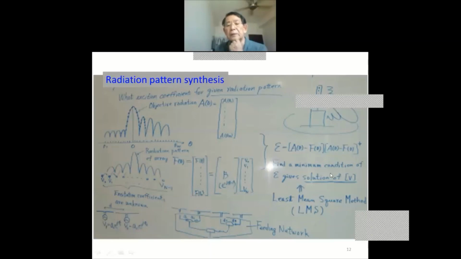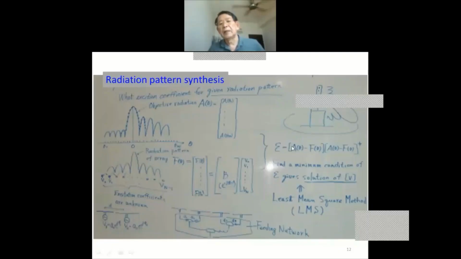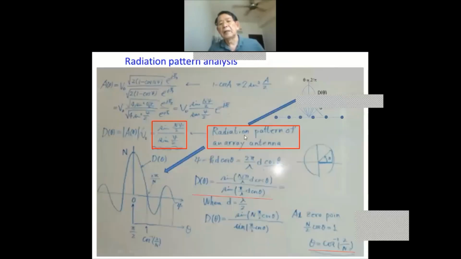By minimizing the error of A and F and solving this equation, we can obtain the excitation pattern determined by the solution. So like this, we can achieve this unsymmetrical radiation pattern.